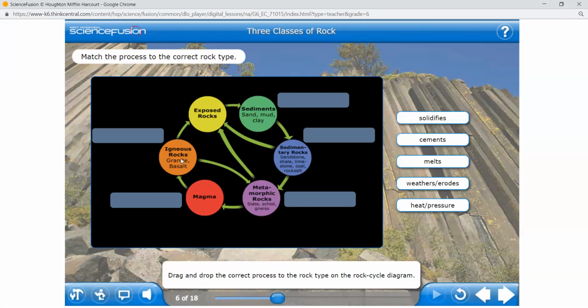Did I say to apply heat and pressure to igneous or to sedimentary or to metamorphic? Please choose one here, Judy. If you don't know, choose randomly, but at least say the answer. Igneous, sedimentary, or metamorphic? Noor. Which rock? Yes. High heat and high pressure.